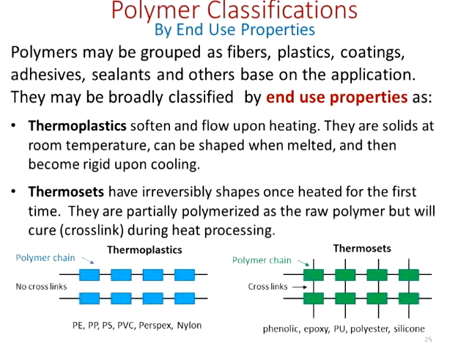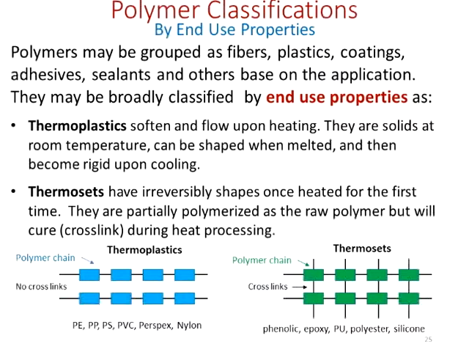It is a polymer, but it does not have the final in-use molecular weight or molar mass. By the way, you will hear me use molar mass and molecular weight interchangeably. Be aware of that. So, thermosets are partially polymerized as raw polymer, but will cure and cross-link during the heating process.